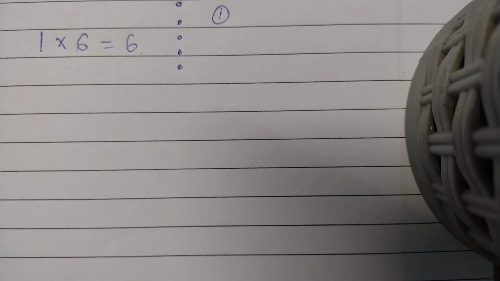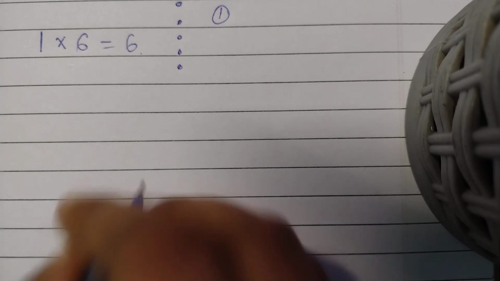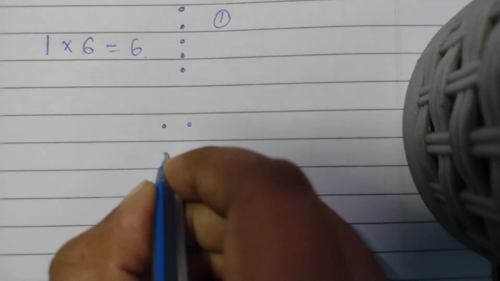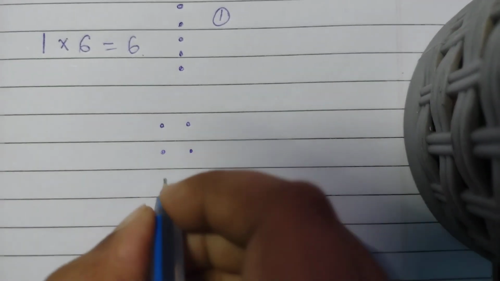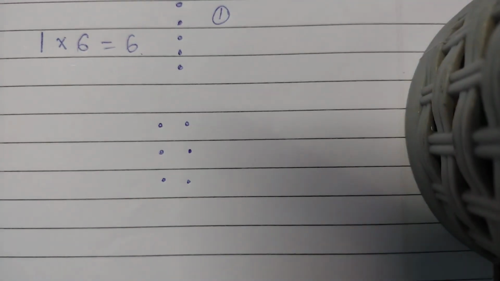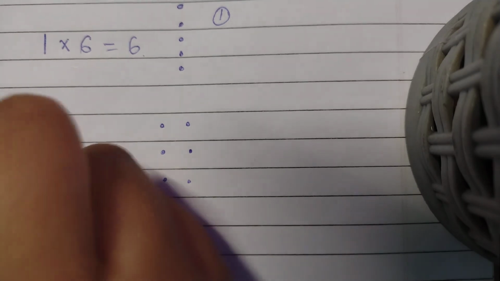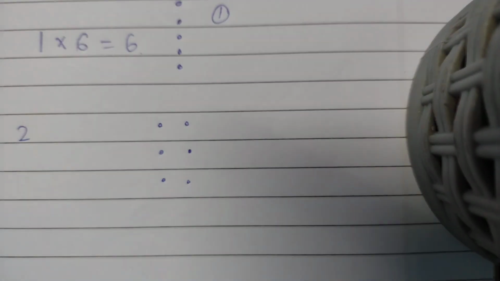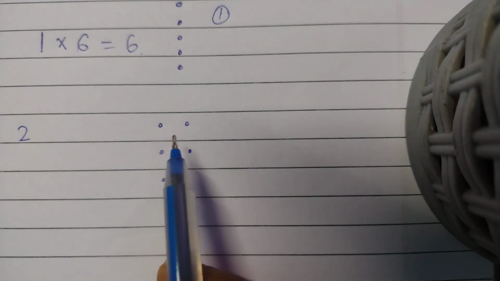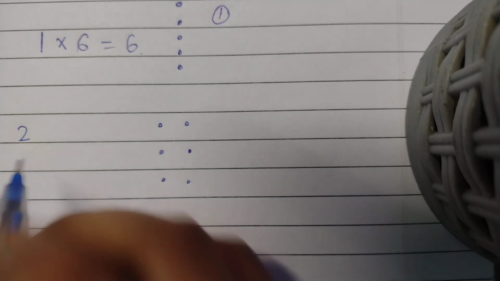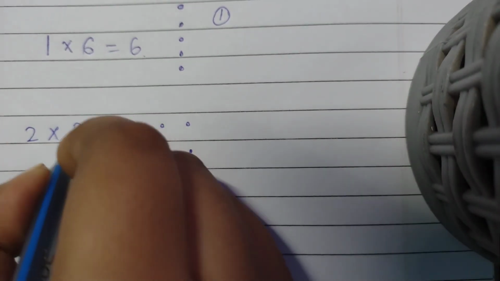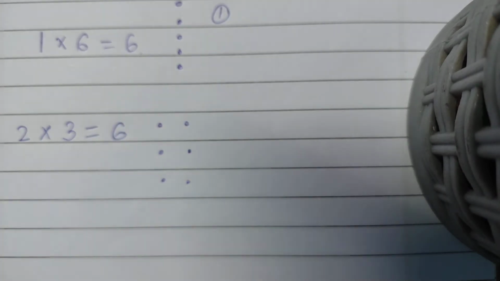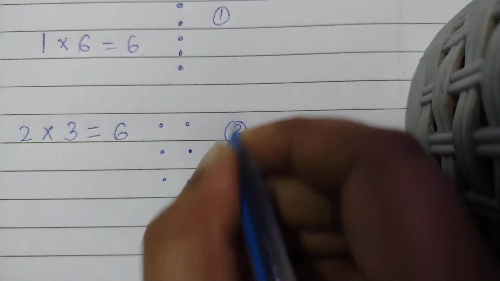Now if he has arranged 2 marbles in each row, how many marbles in each row? 2 marbles. And how many rows are there? 3 rows: 1 row, 2 rows, 3 rows. So 2 into 3 equals 6 marbles. This is the second case.